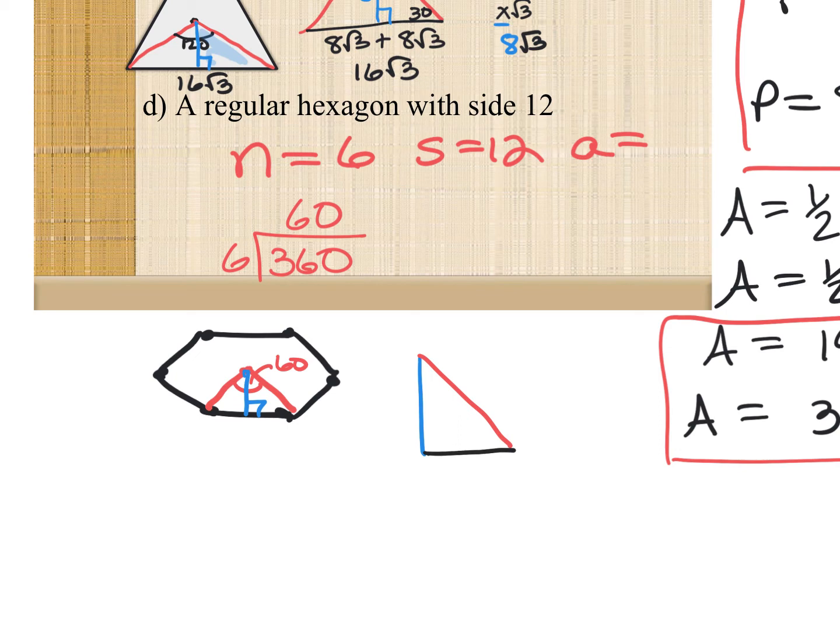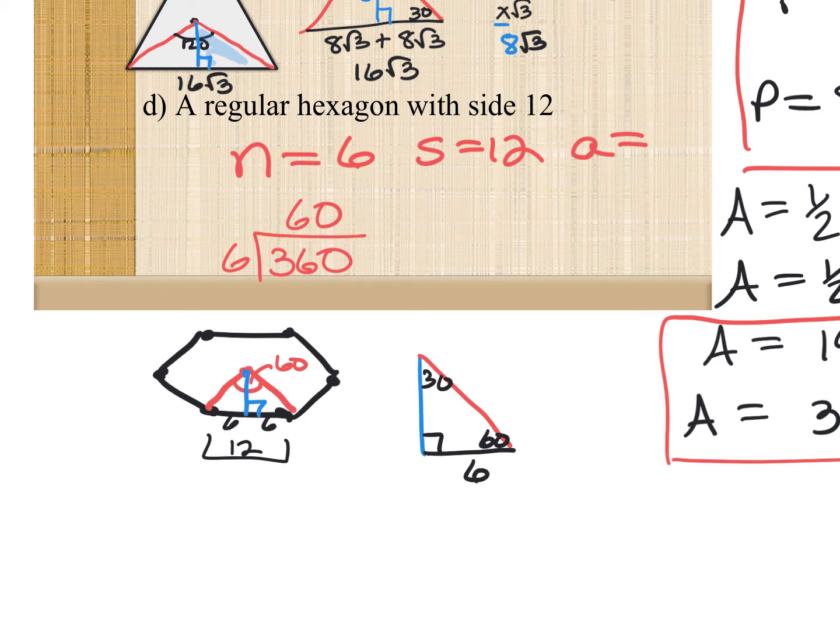So it's got 30 at the top, 60 at the bottom, and then the right angle. And again, they gave us the side length this time. So this whole side right here is 12. Remember, the apothem bisects it. So this is going to be 6 and 6.